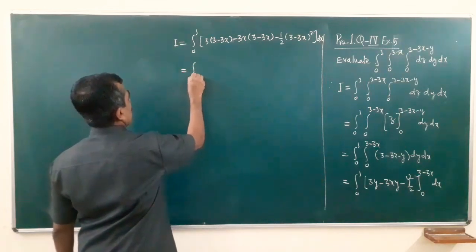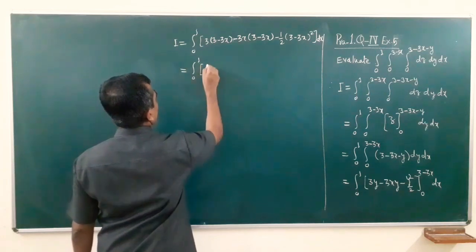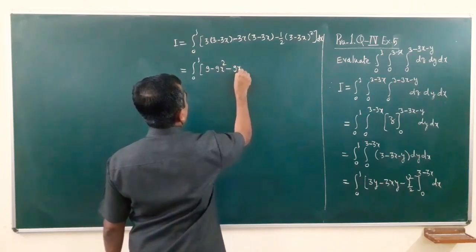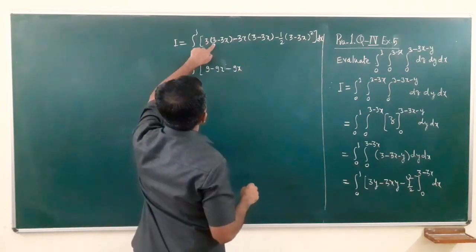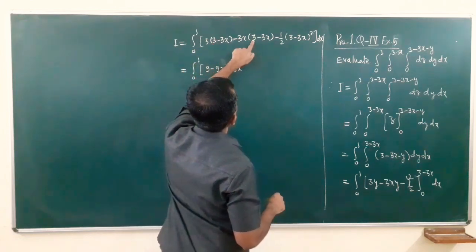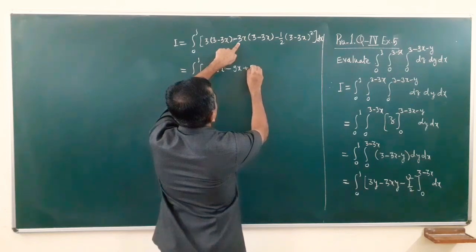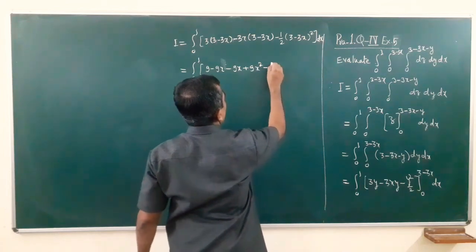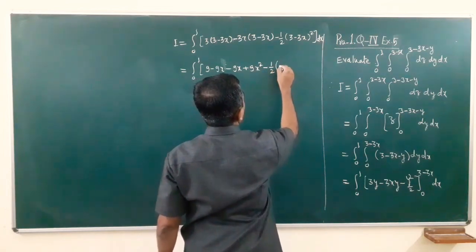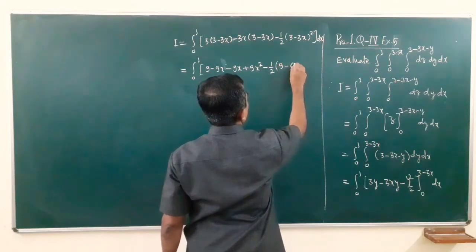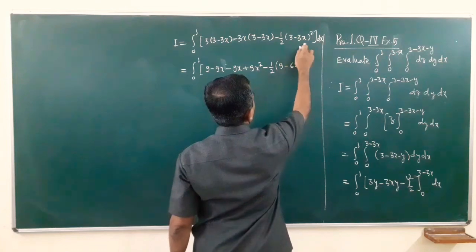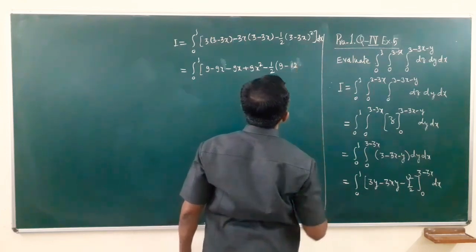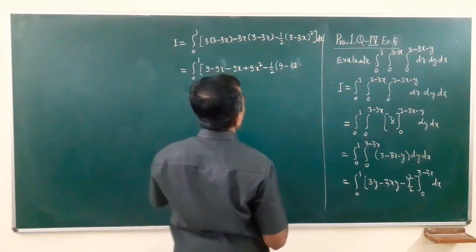So this is equal to integral 0 to 1. So this will be 9 minus 9x square minus 9x, 9 minus 9x, and this will be minus 9x, plus 9x square, minus half 9 minus 6x square minus 6x, not 6x, that should be, I may take 3 common.